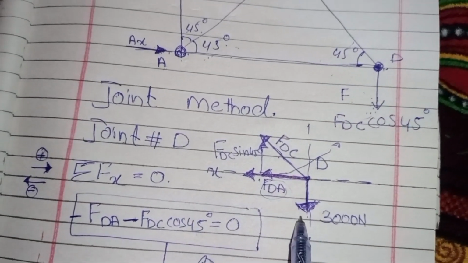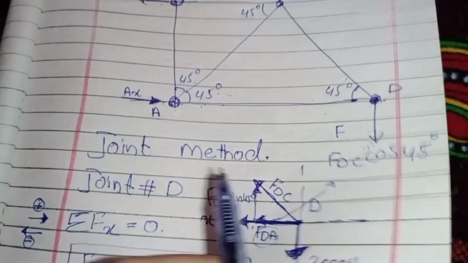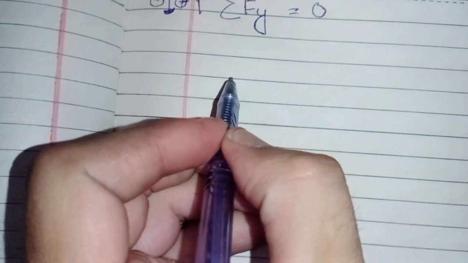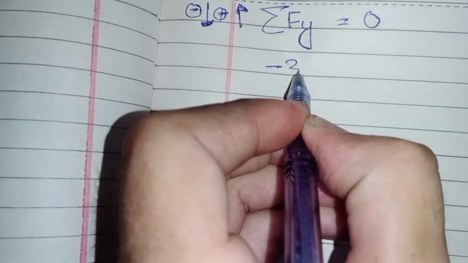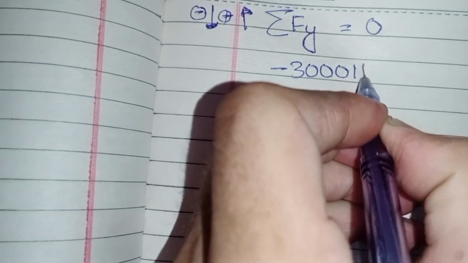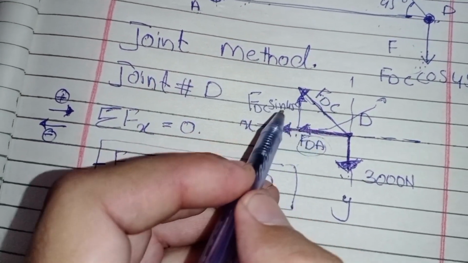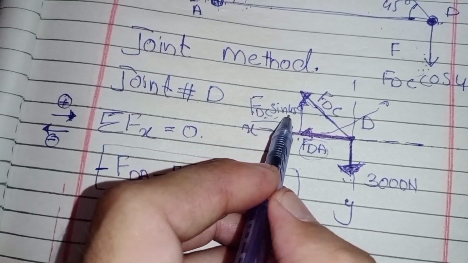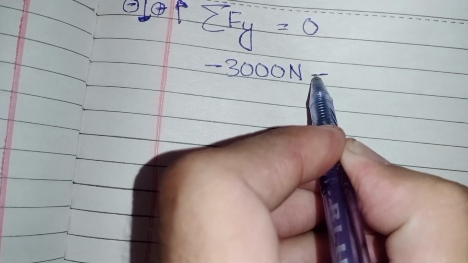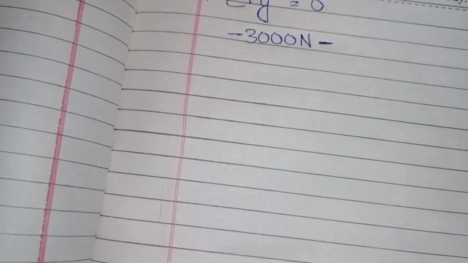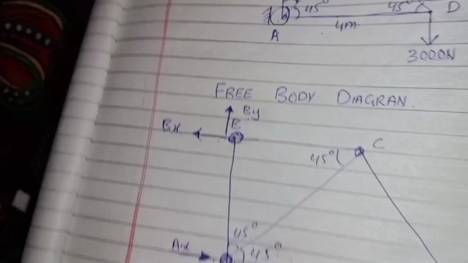So this is 3000 Newton, negative 3000 Newton, and I resolve FDC into components. FDC sin 45 is positive because this component is up.